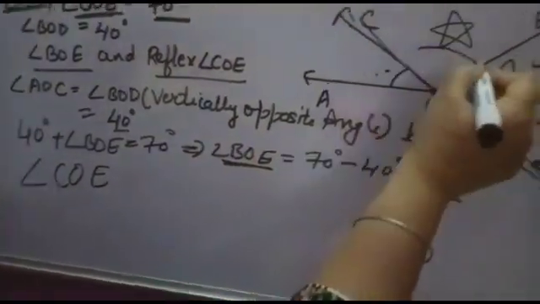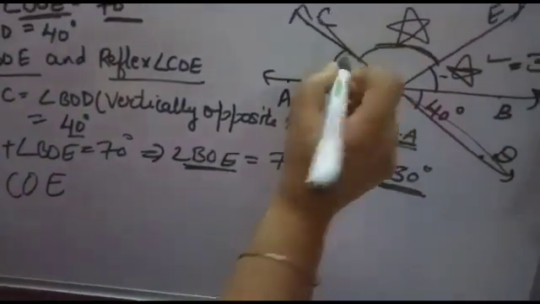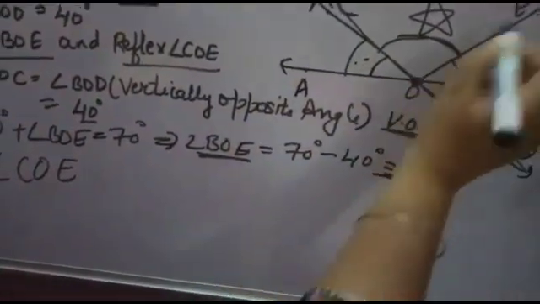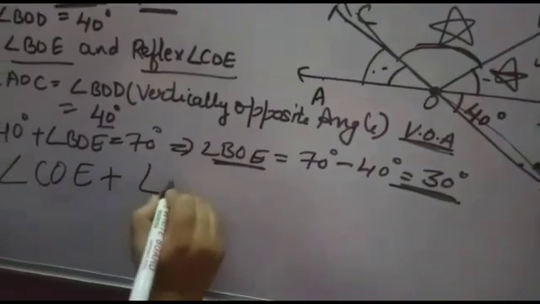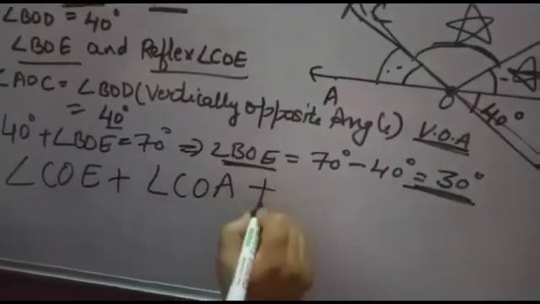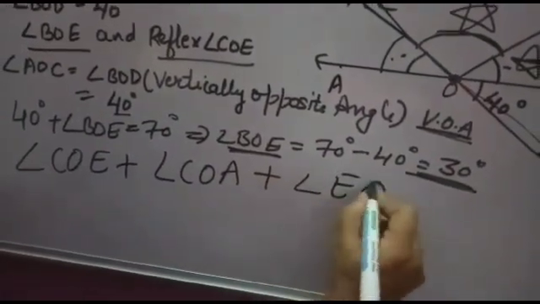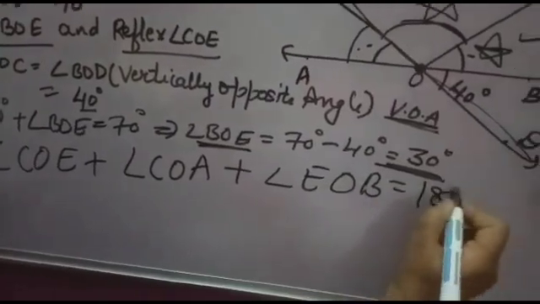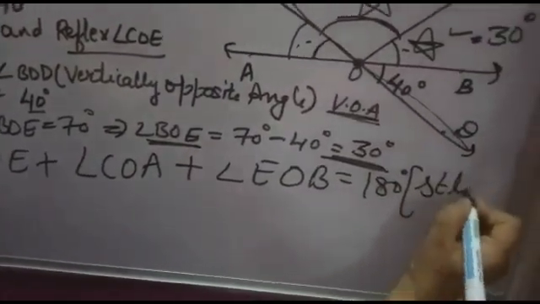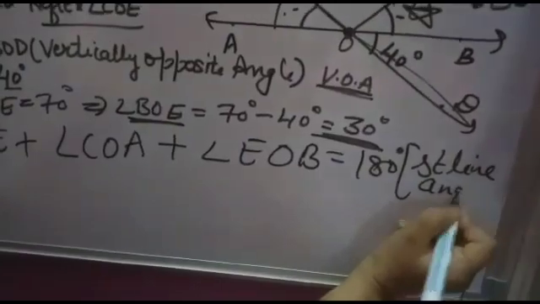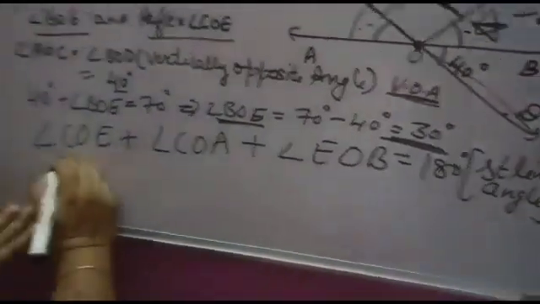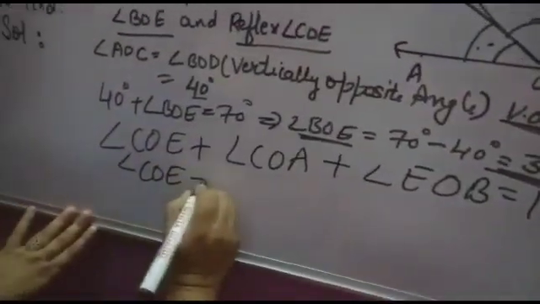Now COE plus COA plus angle BOE is 180 degrees because they form a straight line. So you can write their sum equal to 180 degrees, straight line angles. COE you want to find, so you write it as it is.